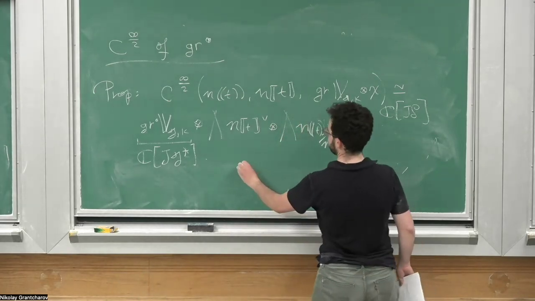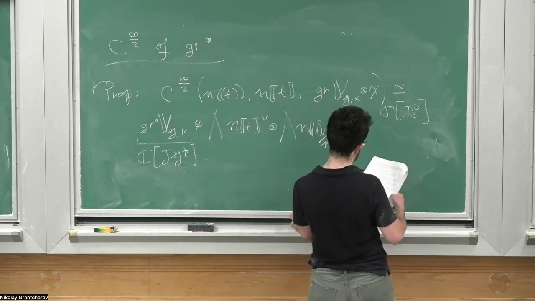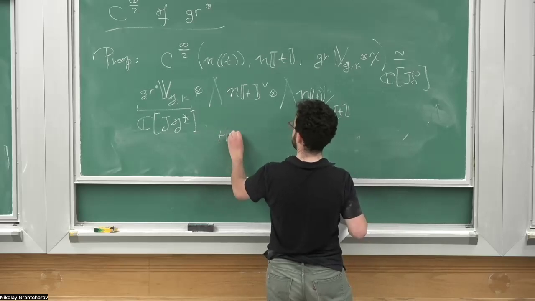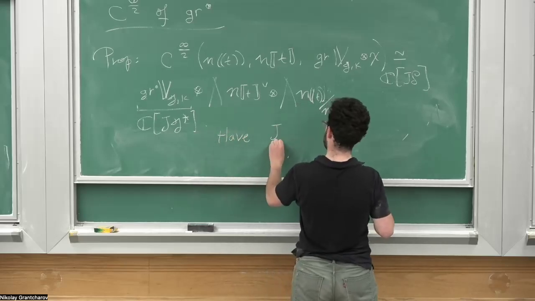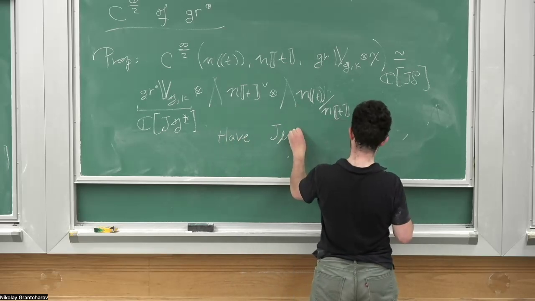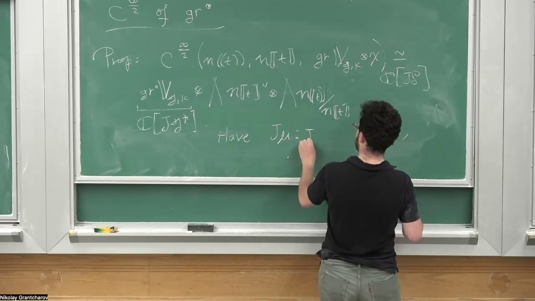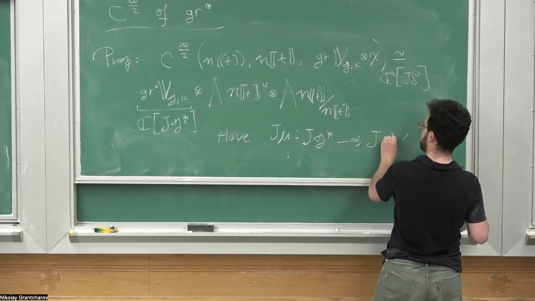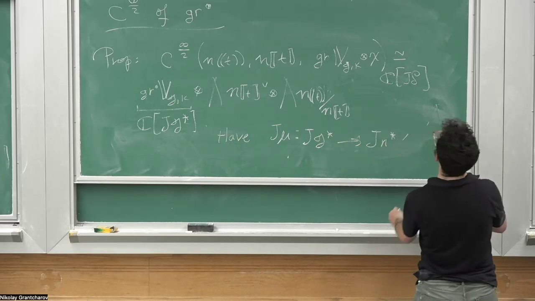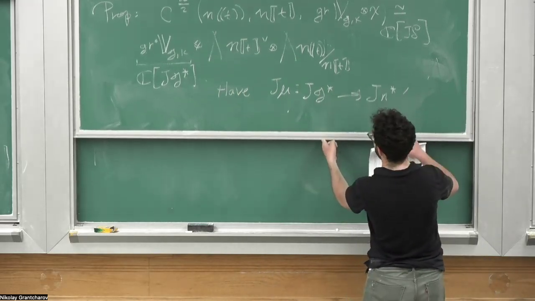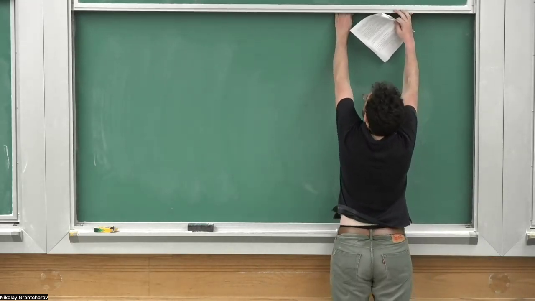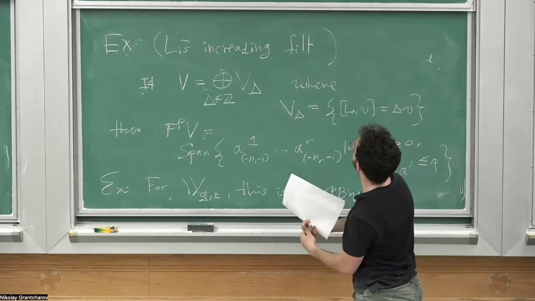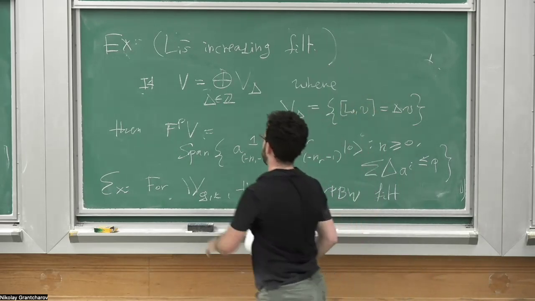So we have the jet of g star mapping to the jet of n star. The first component is basically computing the Koszul resolution of restricting to the inverse image of chi.